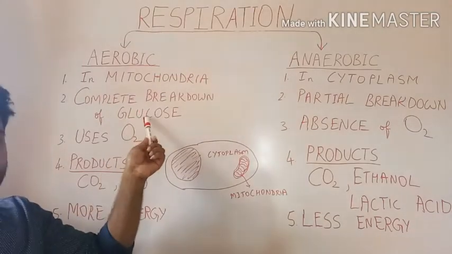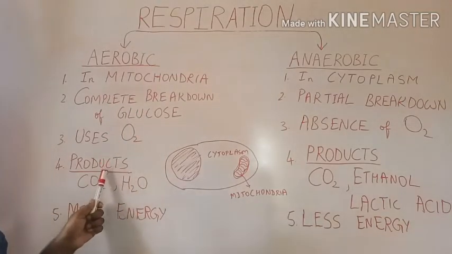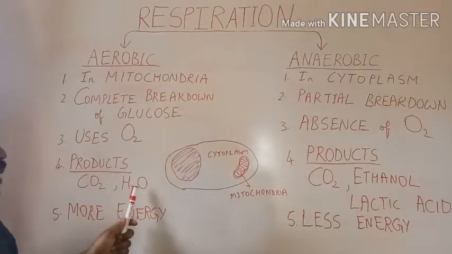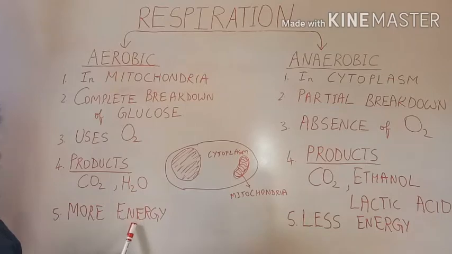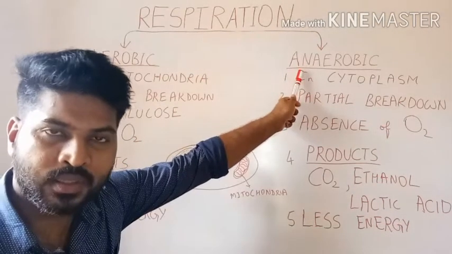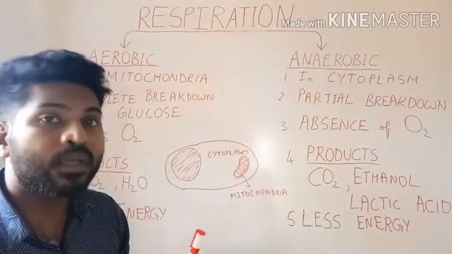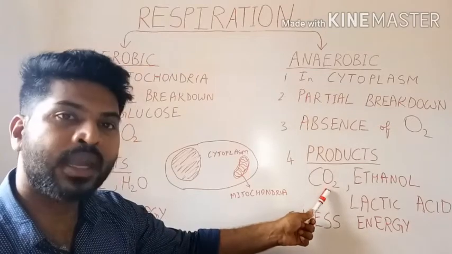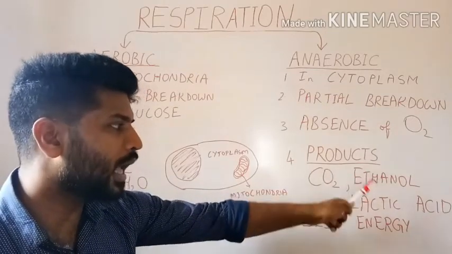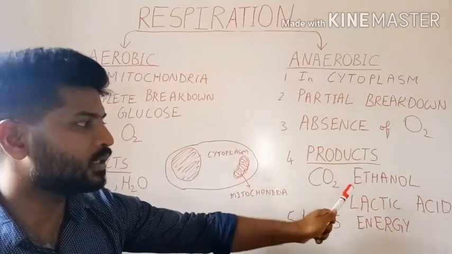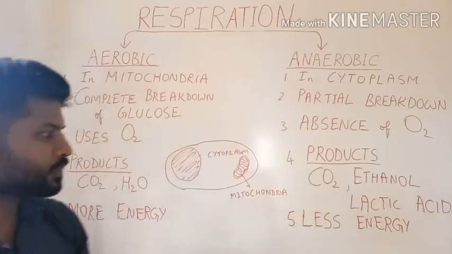Because of which, the products of aerobic respiration are carbon dioxide, water and energy. Whereas in the case of anaerobic respiration, because glucose is not completely broken down, the products are carbon dioxide, ethanol and lactic acid. We will discuss this in detail.